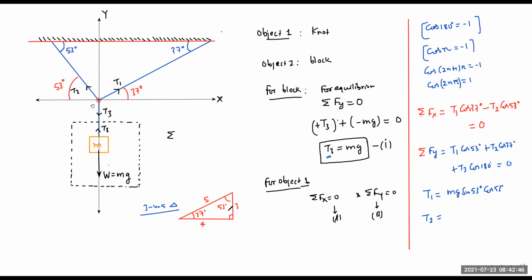Sir, for T1 I got 12 mg by 5. Okay, so T1 you got 12 mg by 5. Can someone else verify the same? Maybe Srishti, can you verify? Is it coming the same? Who else is getting the same answer?